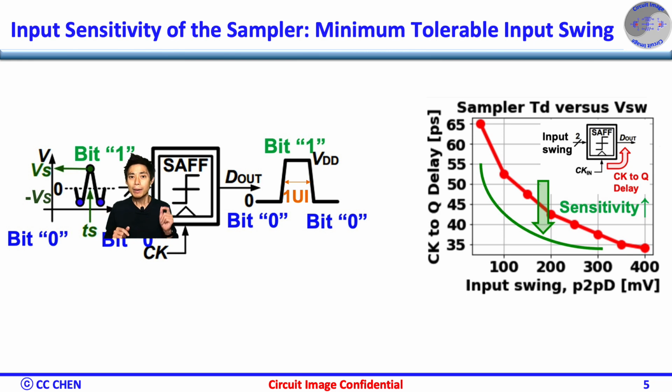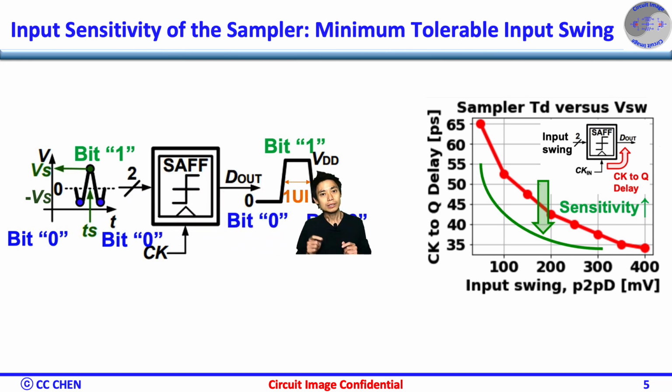Since amplifying or regenerating the swing to a full swing takes time, if the bit period is shorter than the sampler's regeneration time, the output of the sampler won't get to the full VDD and ground level. On the other hand, if the bit period is longer than the sampler's regeneration time, the output of the sampler should go to the full VDD and ground level.